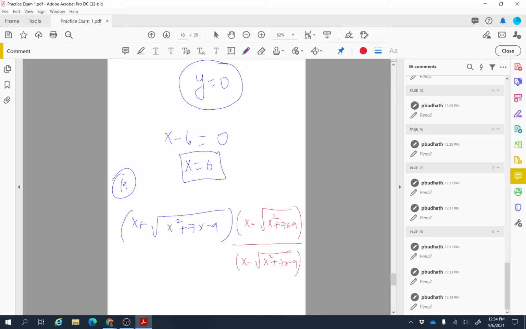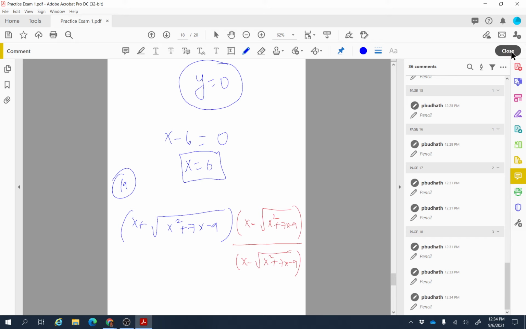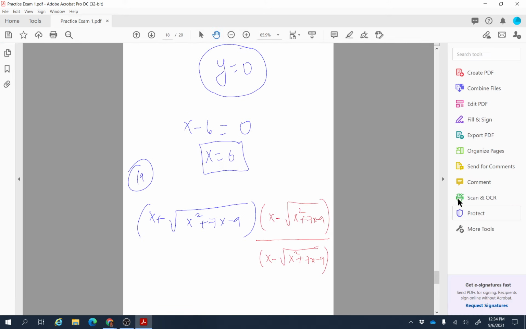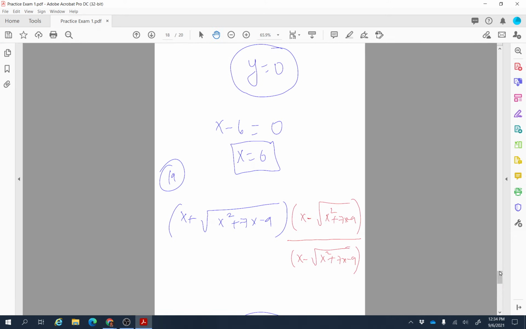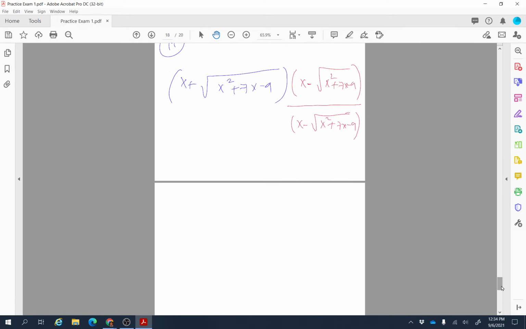If we do this, on the top it will be x squared minus the square of this radical, so it will be without the radical sign. But on the bottom, we still have the radical, x squared plus 7x minus 9.